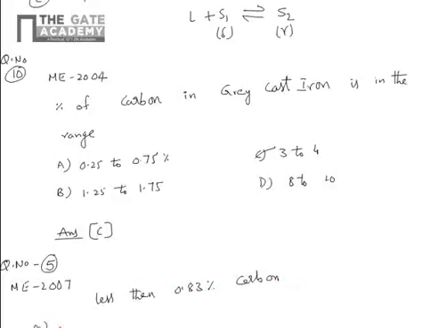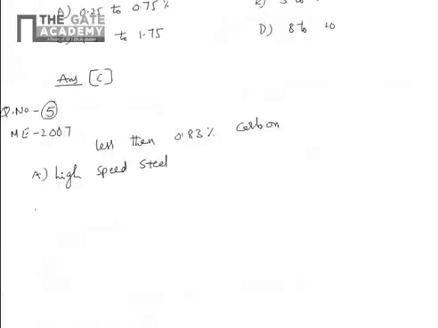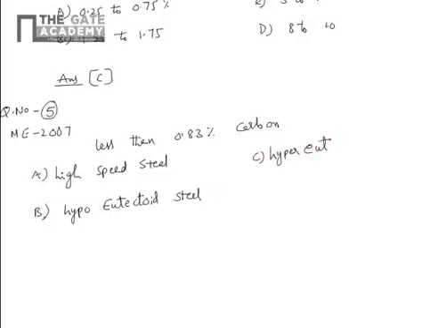Option A, high speed steels. Option B, hypoeutectoid steel. Option C, hypereutectoid steel. Option D, cast iron.